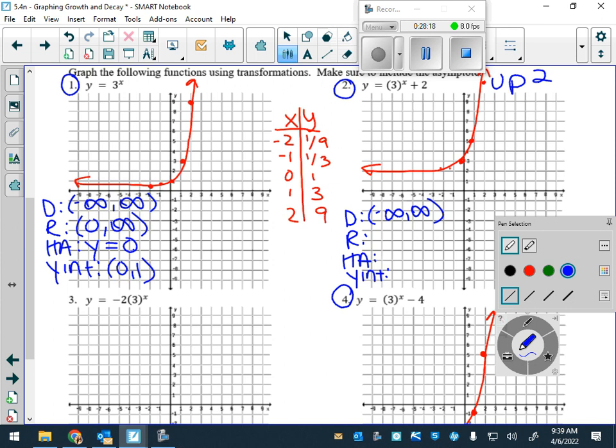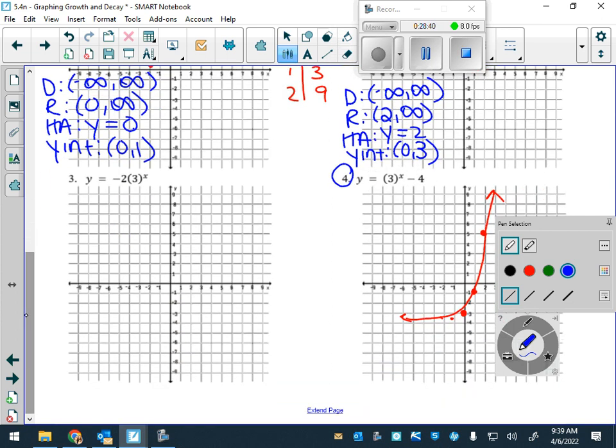Lily B, what's our range? 2 to infinity. Lily W, what's our horizontal asymptote? Y equals 2. And our y-intercept, Liv? 0, 3. Excellent. Okay. How many of you did get both of those correct? Nice job.